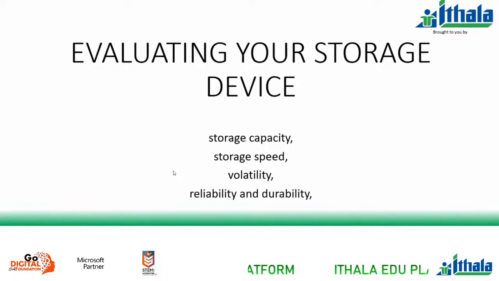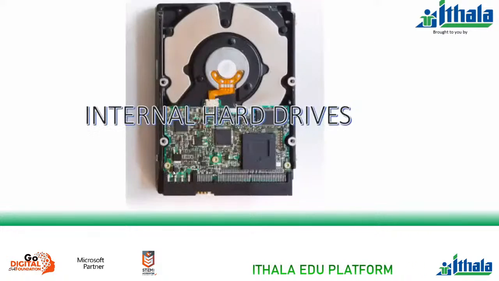The very first storage device is an internal hard drive. A hard drive is a piece of hardware in a computer in which data is stored and from which you can retrieve data. It is used to store files for your operating system, your software, and your personal information.